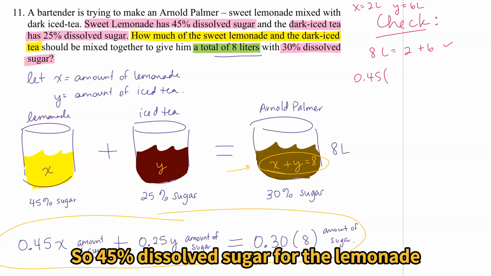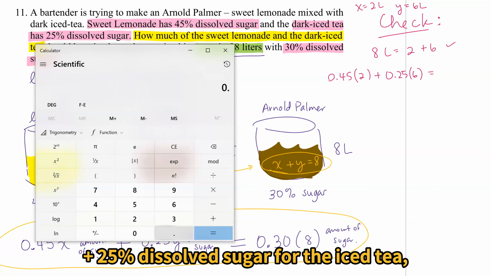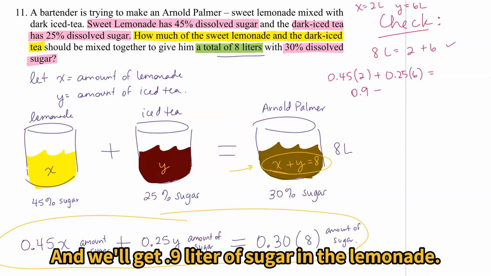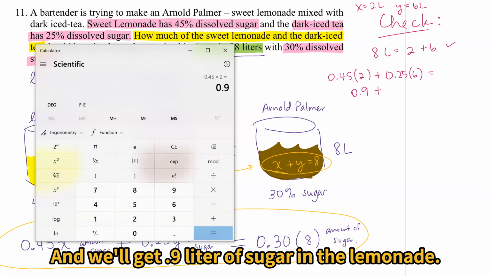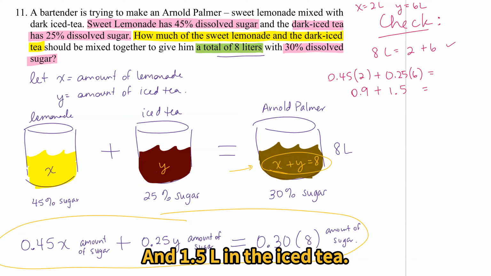45% dissolved sugar for the lemonade plus 25% dissolved sugar for the iced tea. And we'll get 0.9 liters of sugar in the lemonade and 1.5 liters in the iced tea.